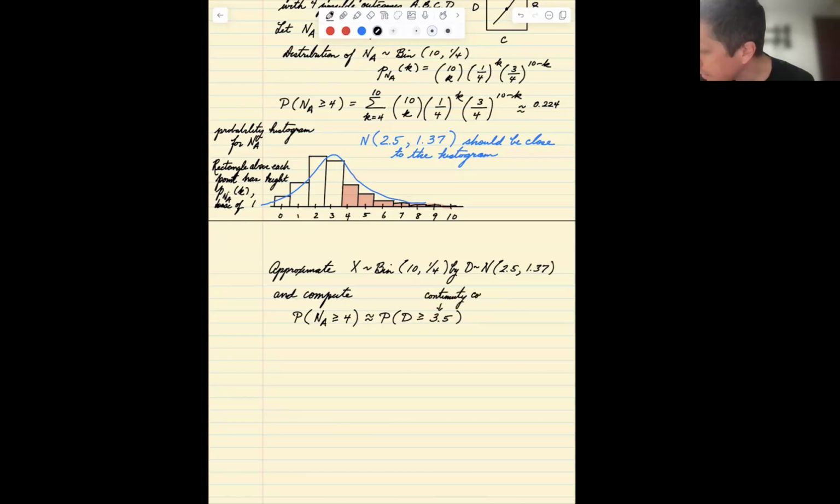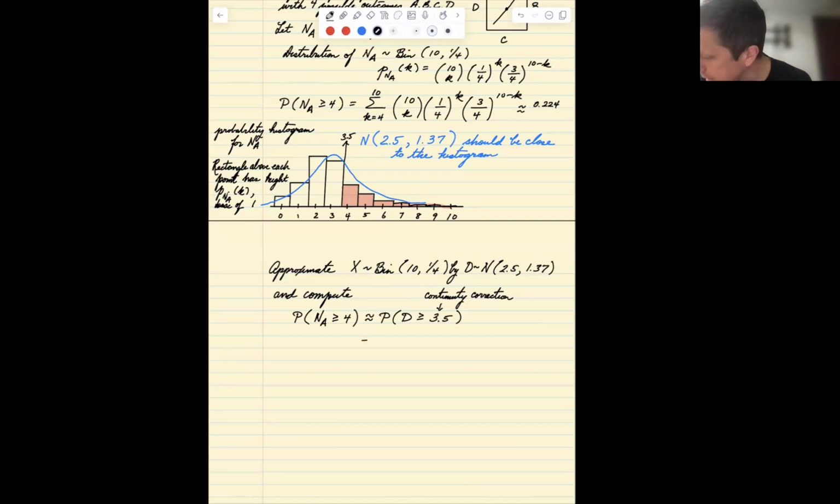And that comes into play by looking at how the histogram compares to the underlying probability, how the histogram gets drawn, where the way that we think of the histogram is actually as a continuous density for the binomial, where the probability mass around a point gets spread out in this rectangle. And in this case, the lower limit here becomes 3.5, because we want to go above 4, which is above 3.5.